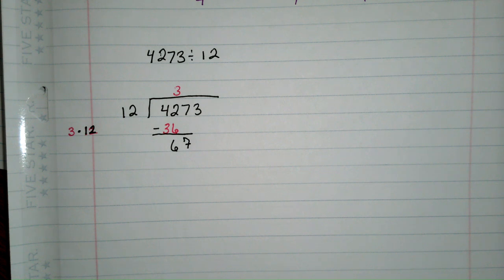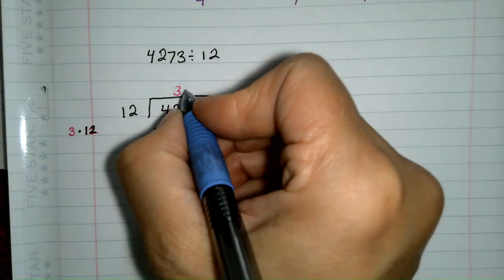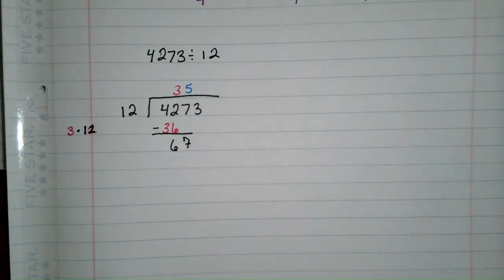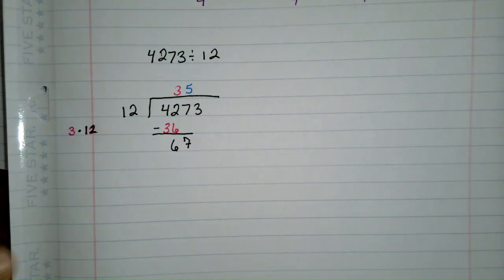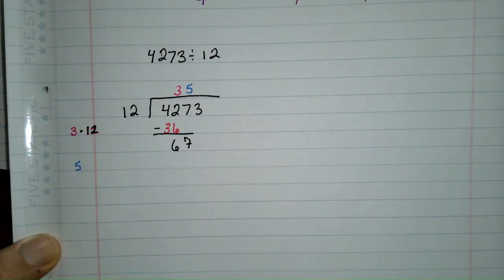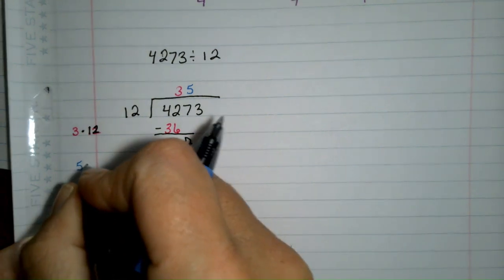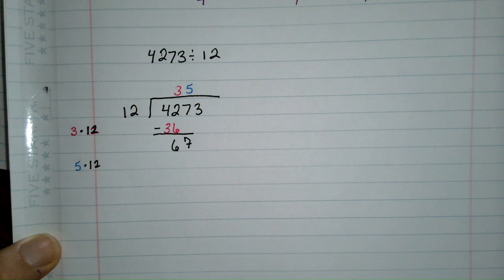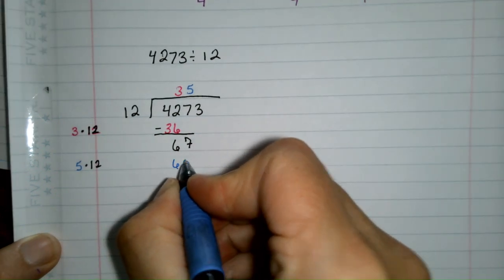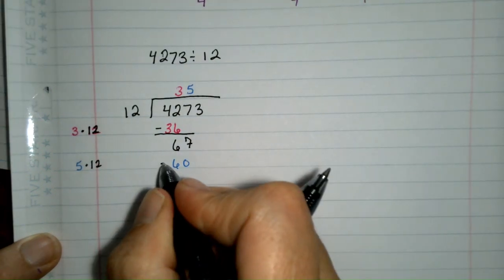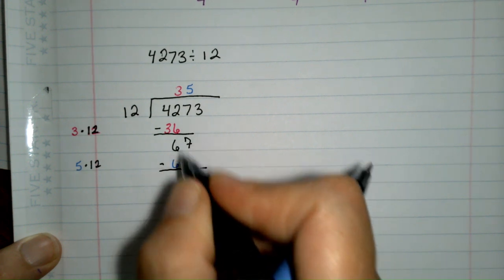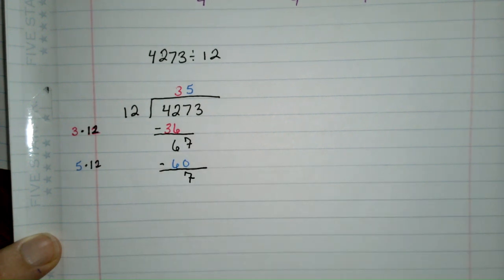So now we're looking at, does 12 go into 67? The answer to that is yes, 5 times. So now we're going to take 5 and multiply it by 12 because that's what's out front. And that would be 60. And then we're going to subtract. And 67 minus 60 is 7.